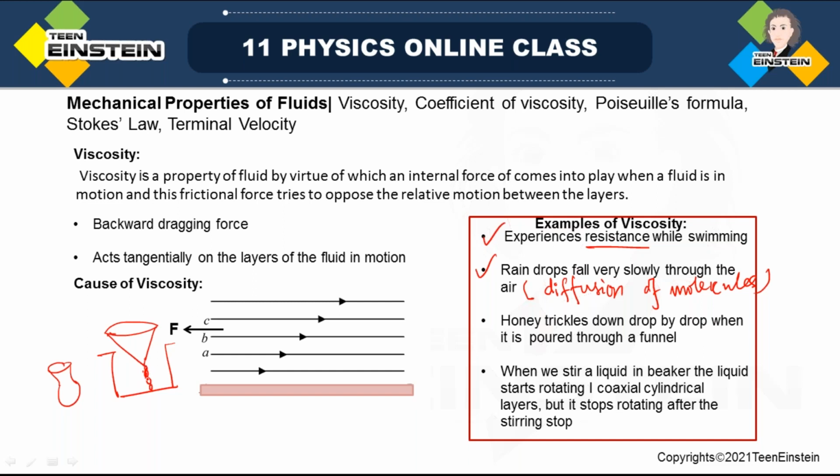So those fluids, especially liquids, which have greater viscosity, form drops, or it is very difficult to pour them from one container to another container.